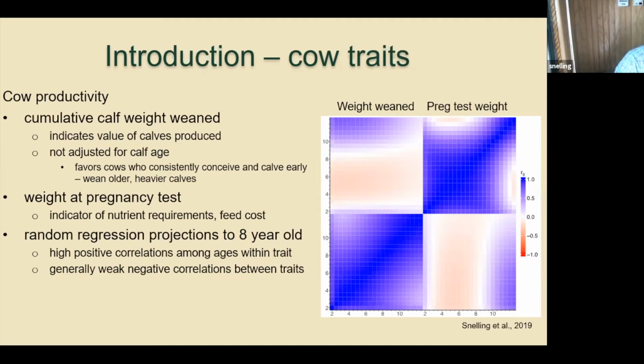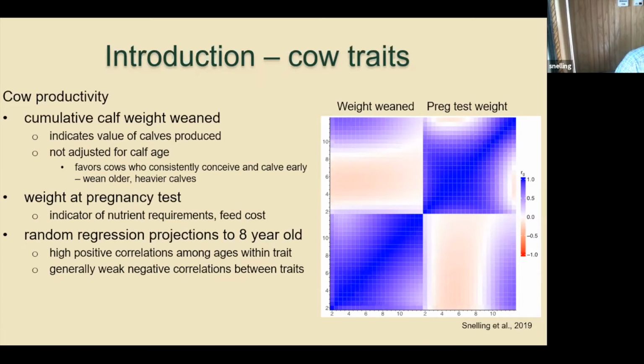And for cow weight, we're just looking at the weight measured when we preg check. With the random regression, we can get a record every year and then project that out to any age where we do have records.